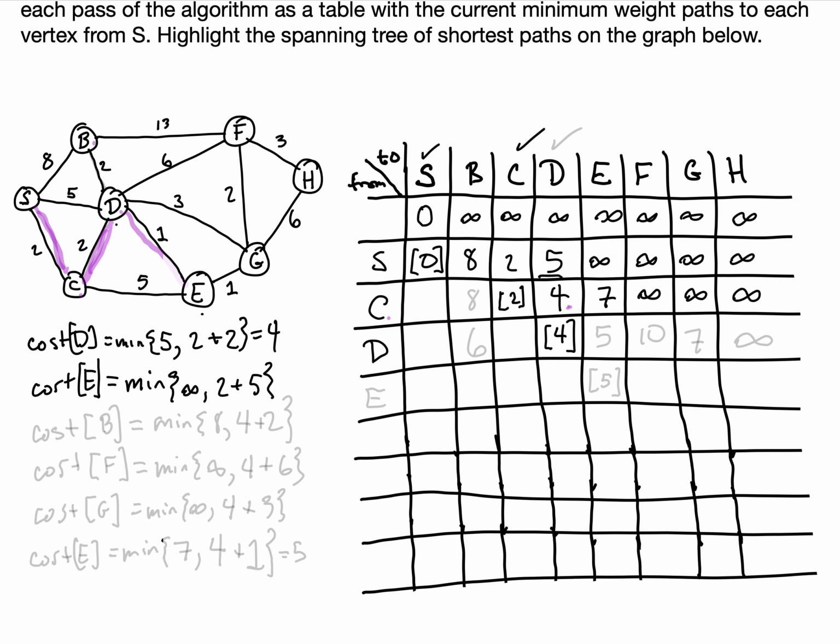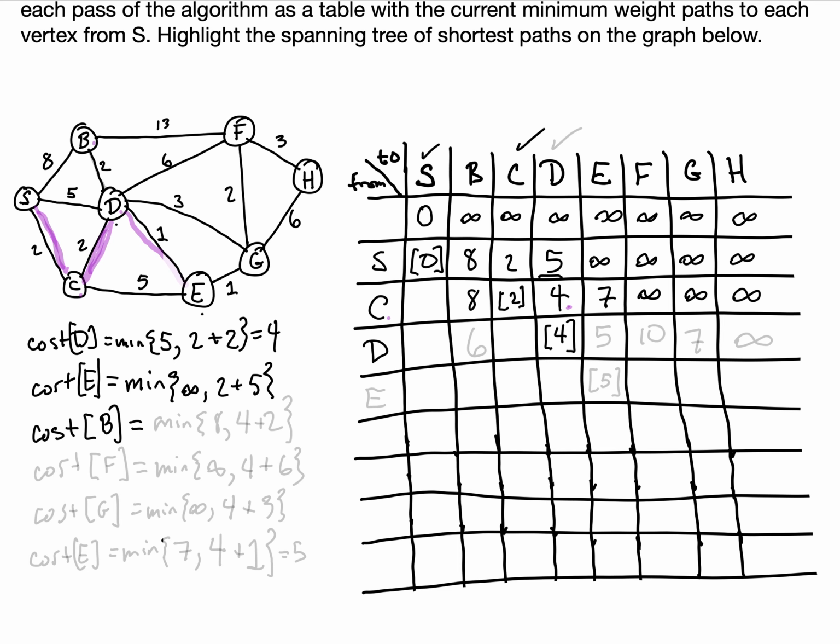Okay, so let's now process the vertex D. We're going to look at each of its unprocessed neighbors. One of its unprocessed neighbors is B, so let's find the cost of B. That's going to be the minimum of the cost we previously had, which is 8.